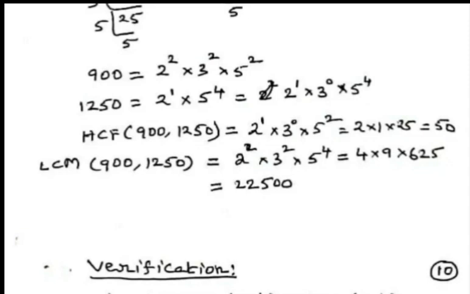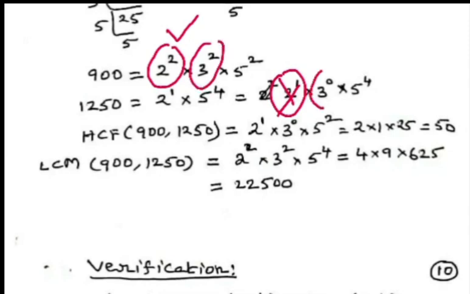To find the LCM, we consider the prime numbers with the highest powers. 2 power 2, 2 power 1. So we should consider this, we neglect this. 3 power 2, 3 power 0.